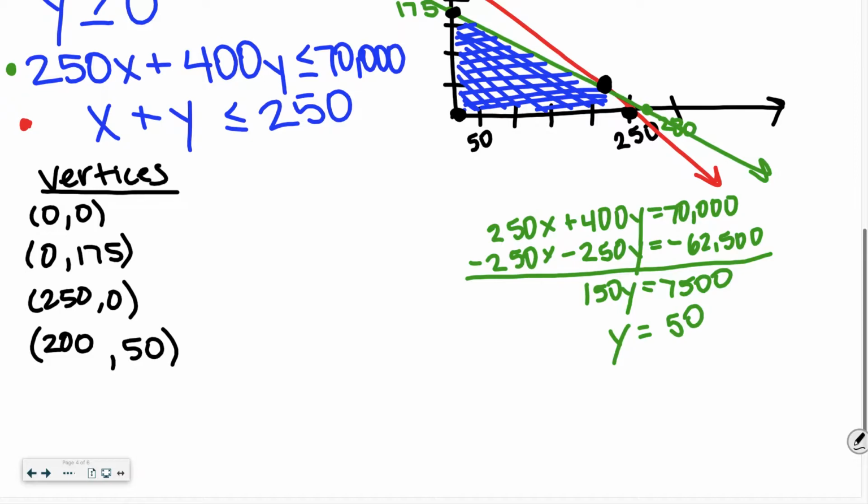Okay? All right. Remind me, because I forgot, what do we do at these vertices? Our objective quantity. Our objective quantity was P equals 45x plus 50y. Yes. Okay.